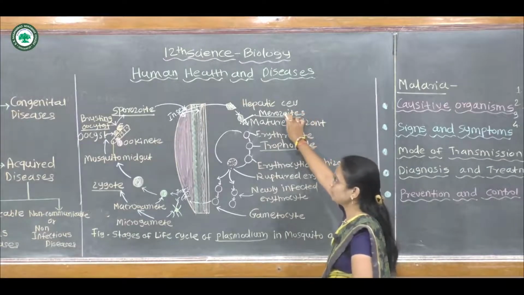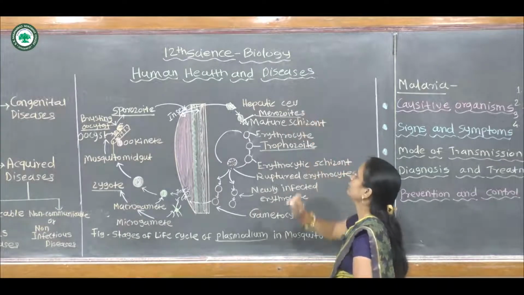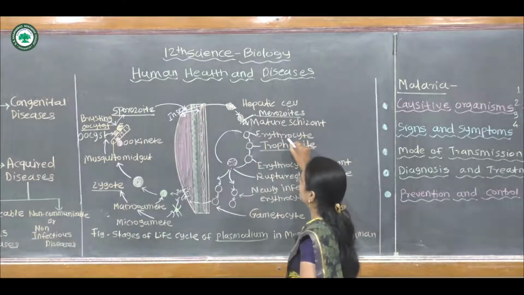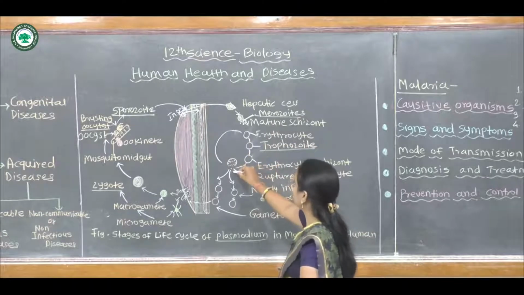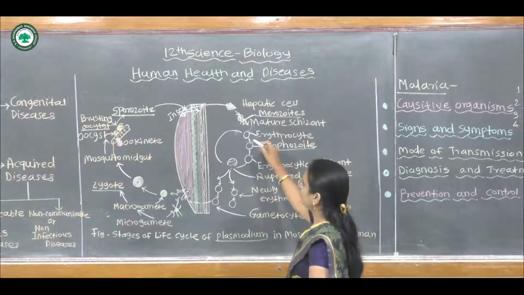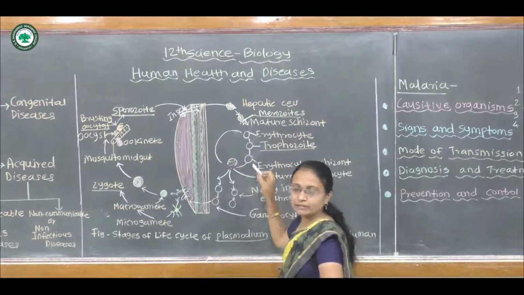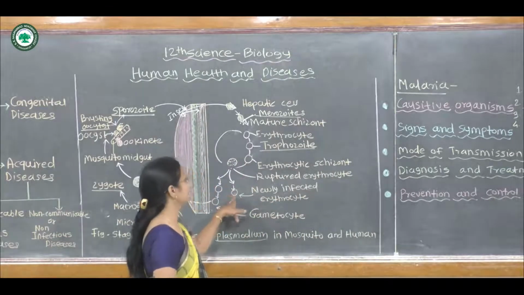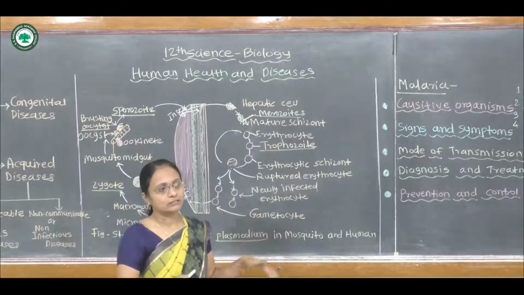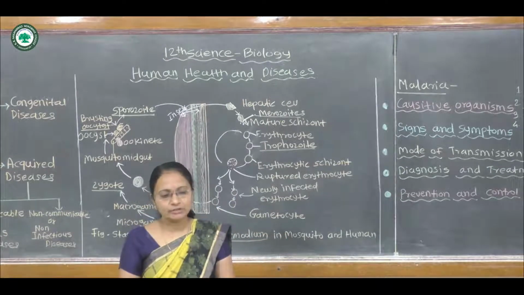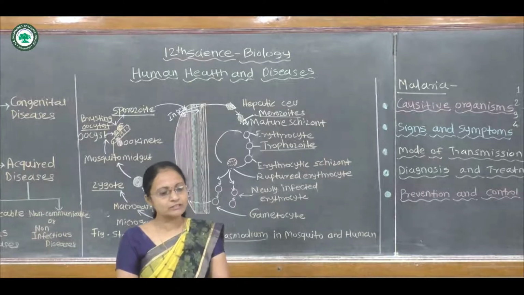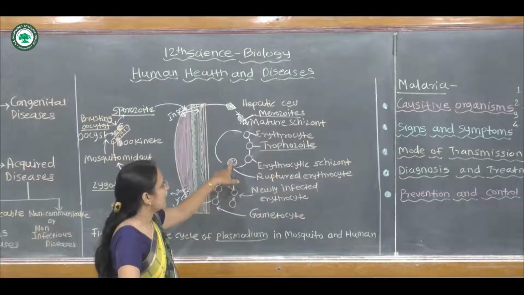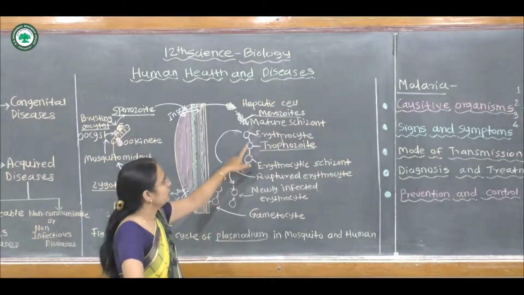Asexually they reproduce here and form merozoites. This life cycle is shown diagrammatically: how the RBCs get infected, how the infection continues, and which types of cells are formed in sequential manner.